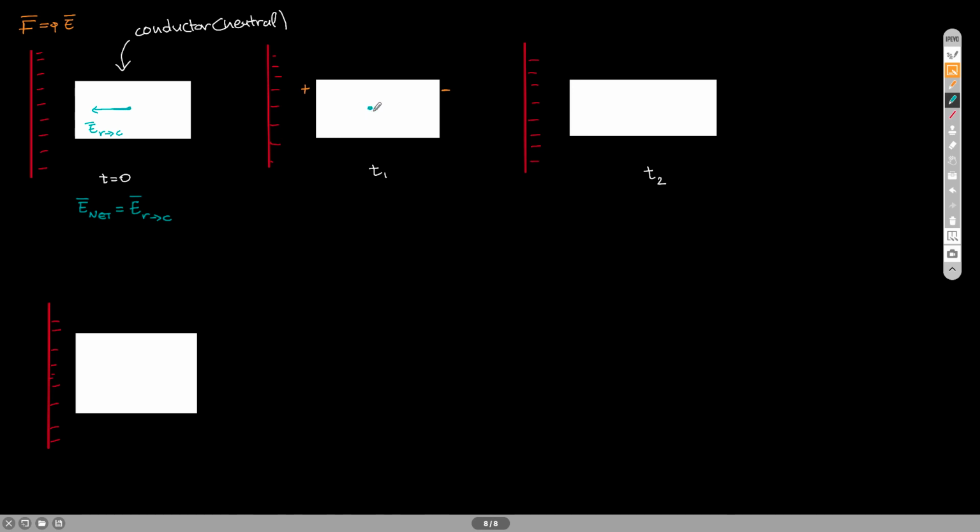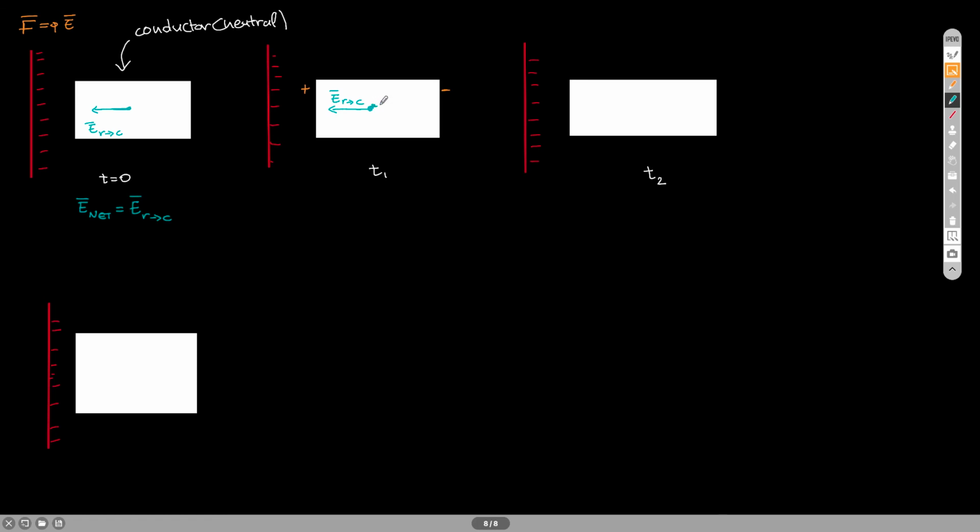Now, I want to think what happens to the electric field. Well, the rod is still here. I'm not moving that around. So whatever I had before, I have the same electric field here. Again, this is the electric field from the rod on the conductor. However, something changed though. In the conductor, I now have a negative charge here and a positive charge here. And this is why I now have a tiny electric field.